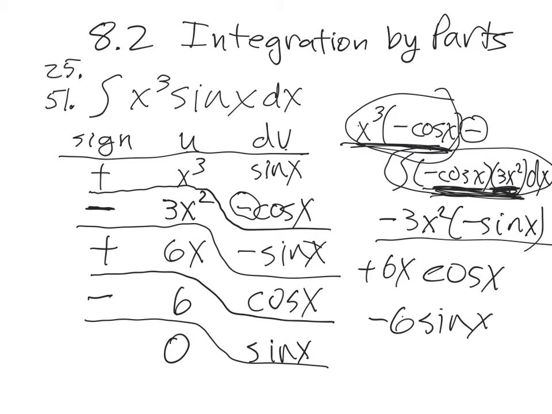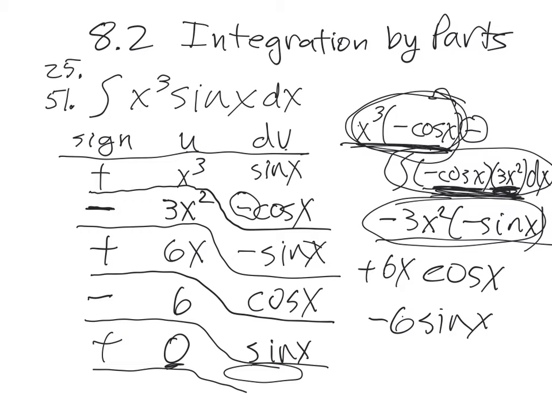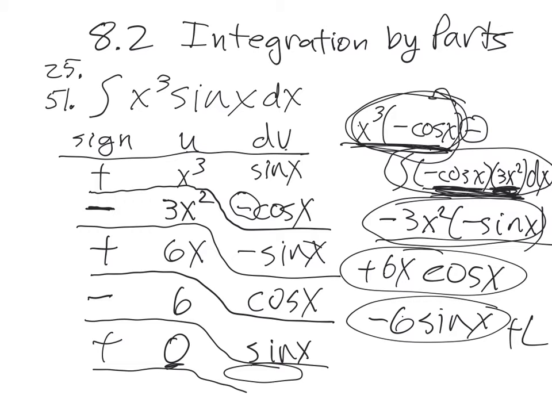And then we can stop because technically our next line would involve 0 times whatever this is. Well, that shows us where we stop on the tabular method. So x cubed sine x, we would have this, and this, and this, and this, and then plus c.